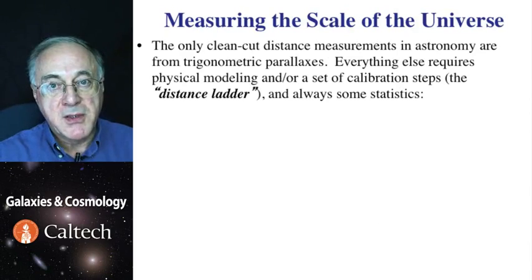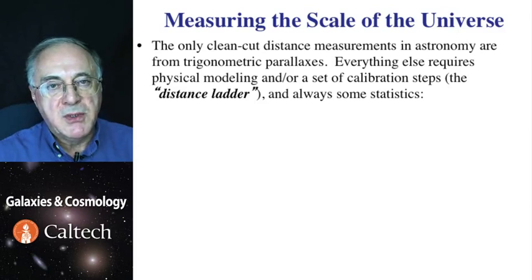However, measuring the distances in cosmology is a very difficult thing to do, because galaxies are very far away. And in fact, the only distances in astronomy that are measured cleanly without recourse to any models or statistics are trigonometric parallaxes to stars. Everything else requires some sort of physical modeling or assumptions or statistics.